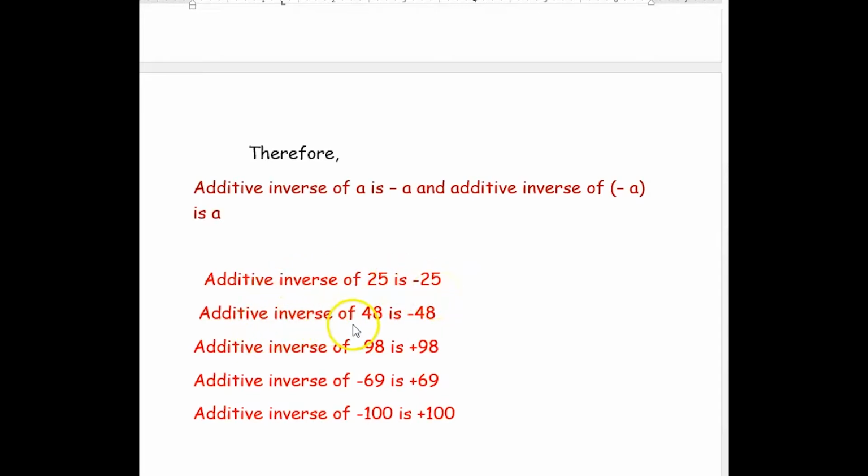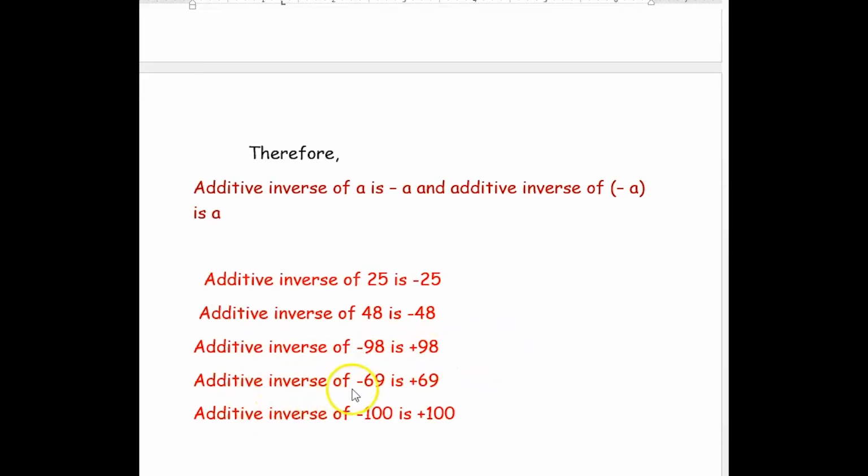Then the additive inverse of positive 48 is negative 48, so positive 48 plus negative 48 is 0. This statement is correct. Then the additive inverse of negative 98 is positive 98. When we add negative 98 with positive 98, the result will be 0. So this statement is correct.